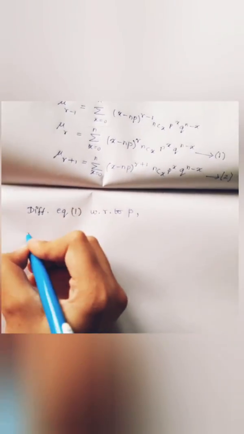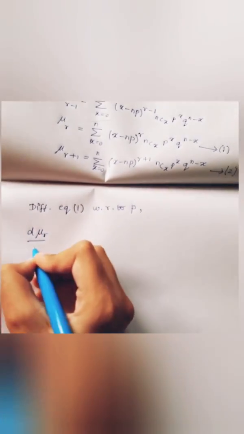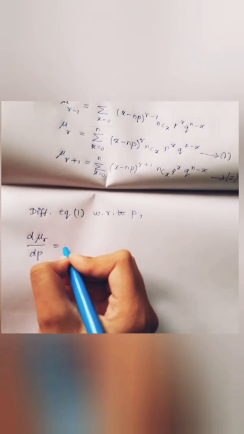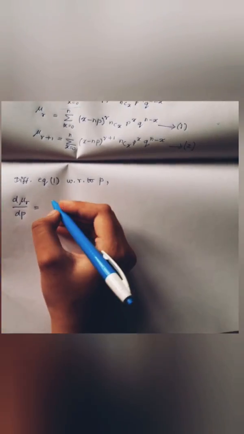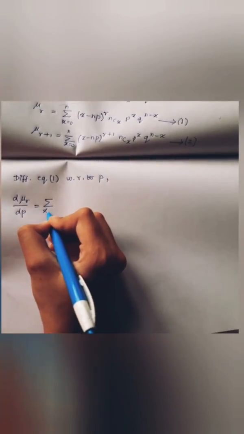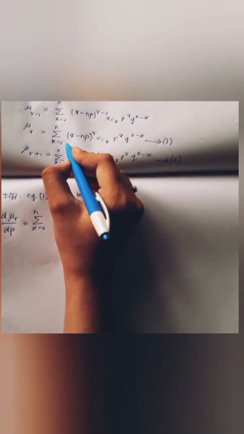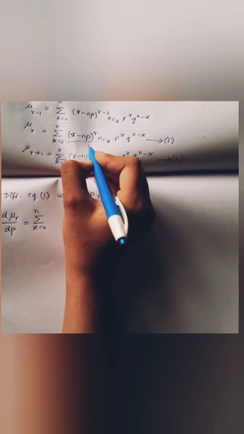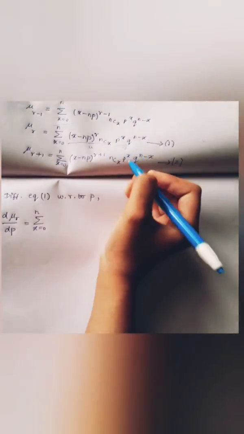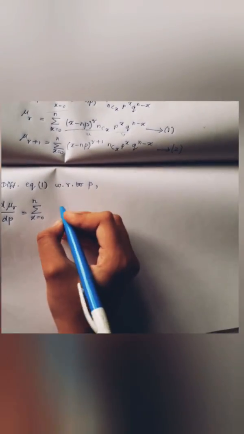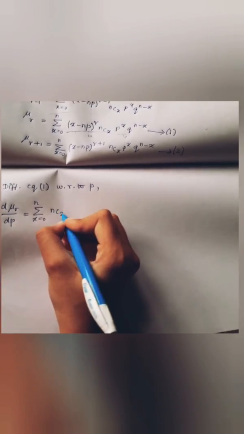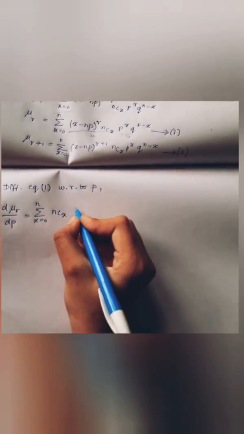So we will write d mu r divided by dp is equal to summation x is equal to 0 to n, ncx we should write as it is, that is nothing but the uv method. In equation 1, there is u and v. ncx we are taking it out.